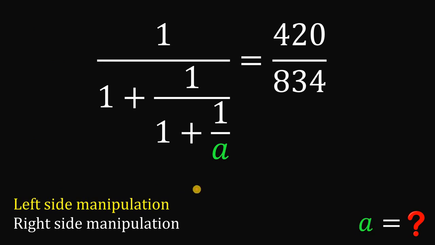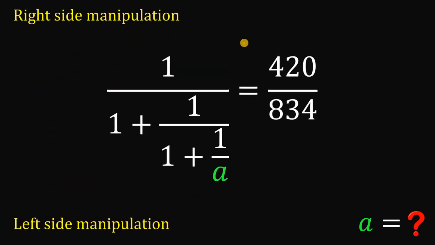Now how about the right side manipulation? Alright, so let's do that. Before that, we need to simplify the fraction on the right hand side. Again, if we divide by 6 on the numerator and denominator, we get 70 over 139. The key here is to simplify the fraction first.